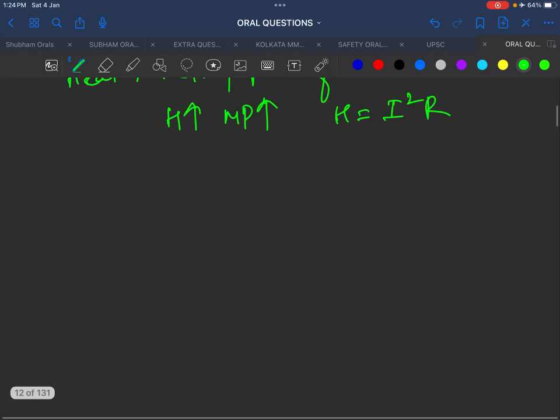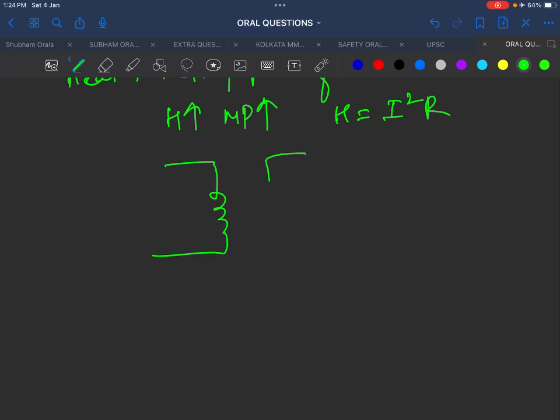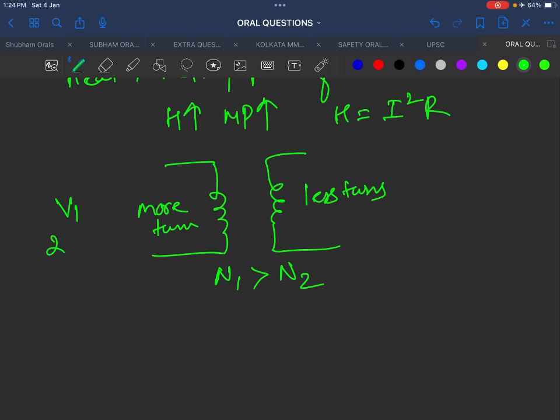This is the step down transformer, where N1 is greater than N2. Here we have fewer turns, and there more turns. Here V1 is, let's suppose, 220 to 440 volt.